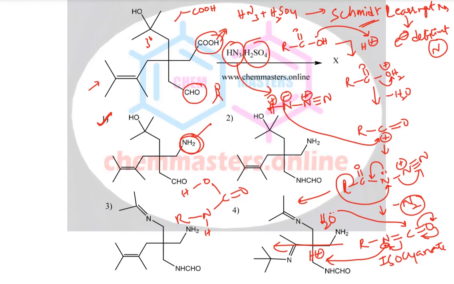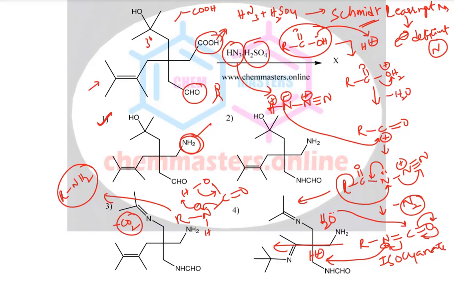In the next step, loss of carbon dioxide takes place, and this negative charge attacks this proton and produces RNH2. That is, a primary amine is produced from this carboxylic acid reactant by the loss of one carbon, because one carbon is lost as carbon dioxide.